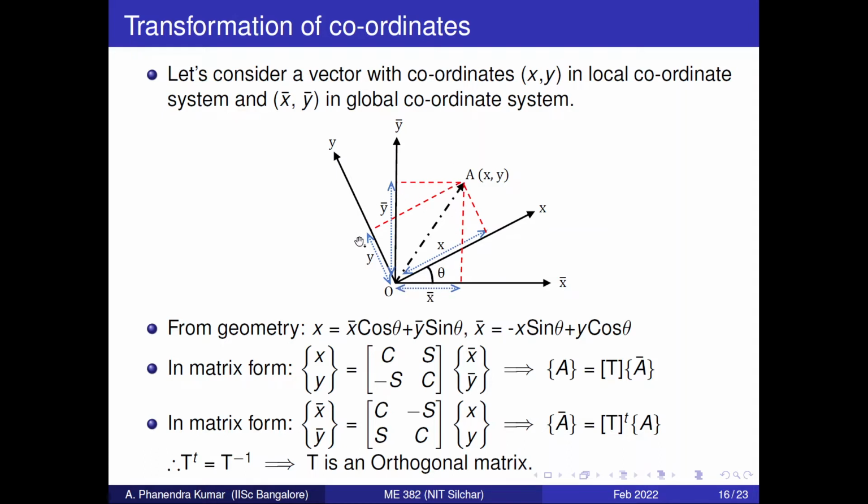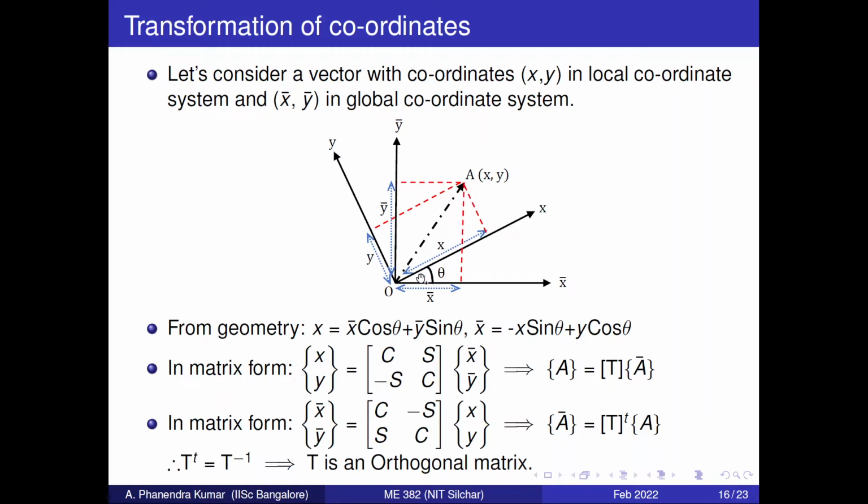Similarly on y and y bar also, if we drop the perpendiculars, we will get the lengths. Considering y and x, we get x comma y, and considering this coordinate system, x bar and y bar, we get x bar comma y bar. Let's see how we can relate x in terms of x bar and y bar, and y in terms of x bar and y bar, or x bar in terms of x comma y, and vice versa.